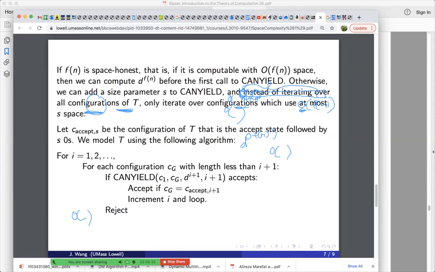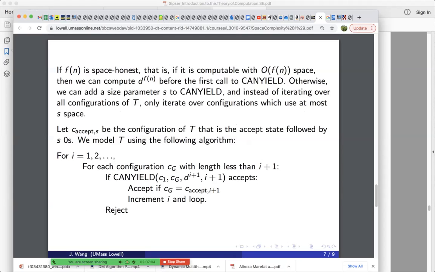Right now, this is a value, but we don't know how much space we need in order to compute it. That's some technical detail. If you look at Savitch's theorem casually, that detail may be overlooked. So now let's complete this part, fill this hole.